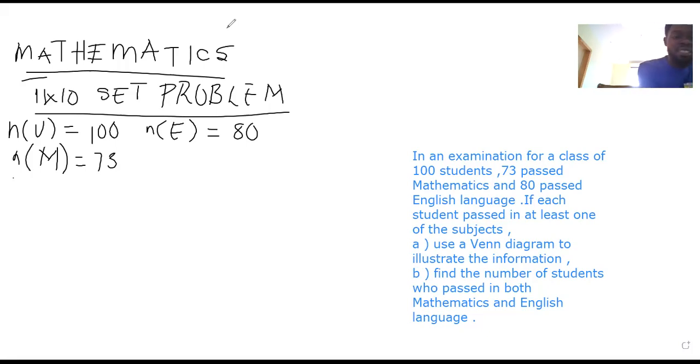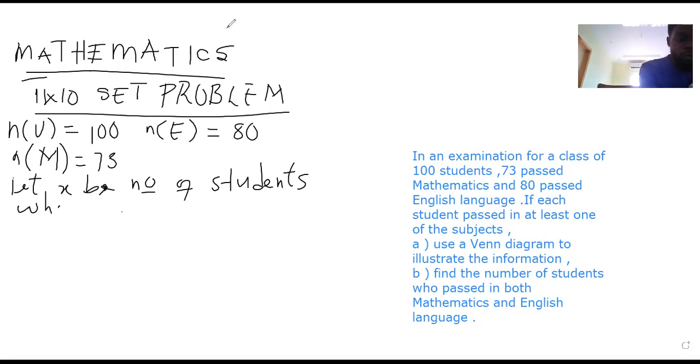So we can say let X be the number of students who pass in both subjects.